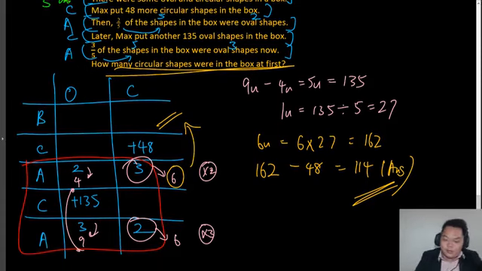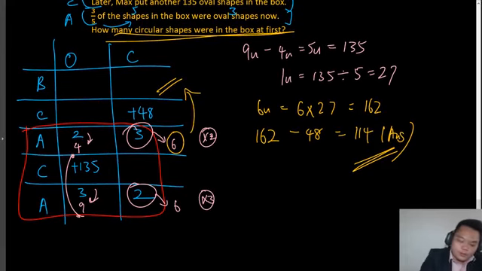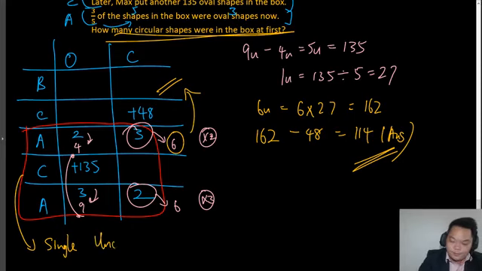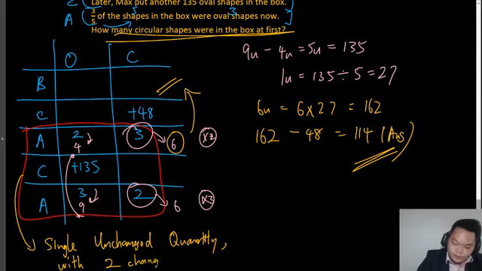Because this is an advanced single unchanged quantity with 2 changes, as you can see. Okay, a lot of you got it already. Pretty good. So this is the more advanced type.